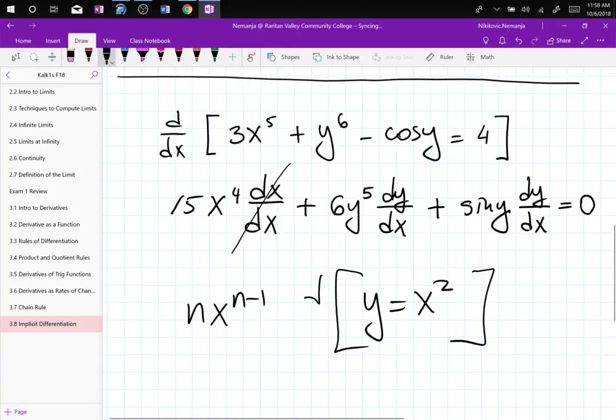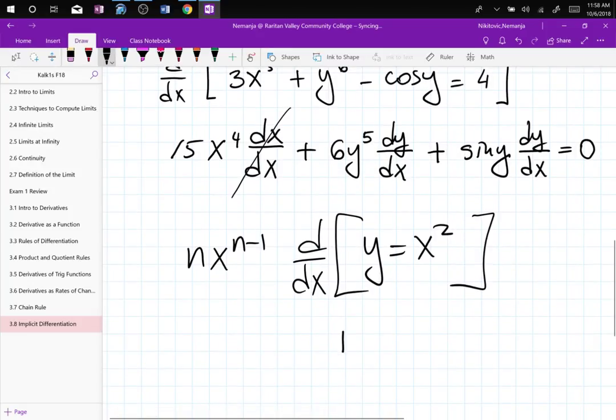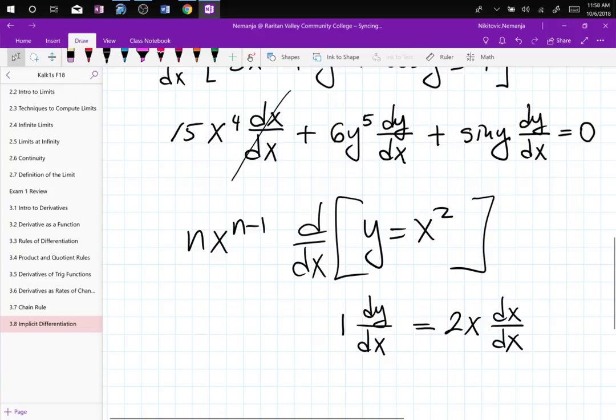Take the derivative of that. The derivative of y is 1, right? And then I took the derivative of y in respect to x equals the derivative of x squared is 2x. I took the derivative of x in respect to x. What's the next line? The next line is dy dx equals 2x, right? This is exactly the derivative.